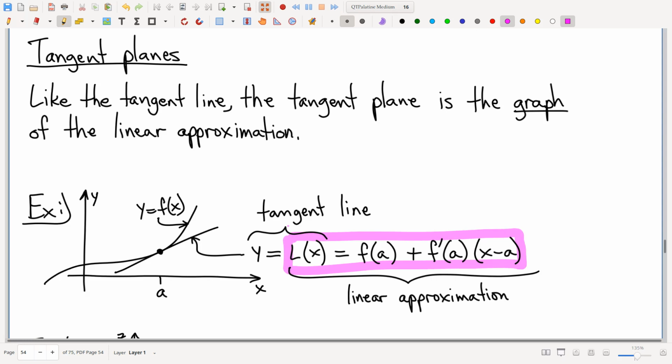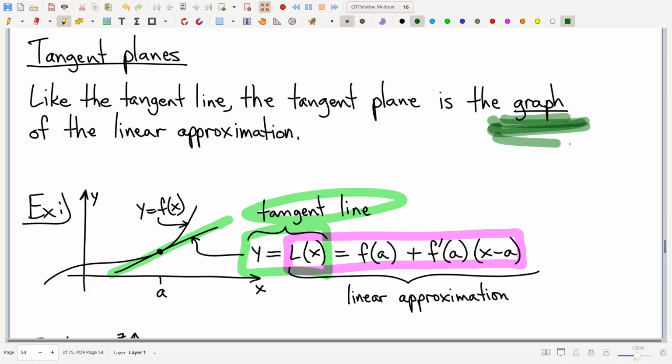Linear approximations are functions, not lines. Right? The tangent line is the graph. It's the graph of the linear approximation, not to be conflated with the linear approximation itself.